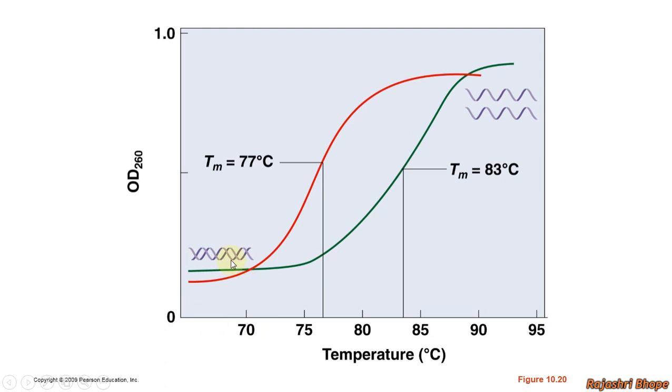Then again the absorption decreases, OD decreases. This reverse case, when absorption decreases, is known as the hypochromic effect.